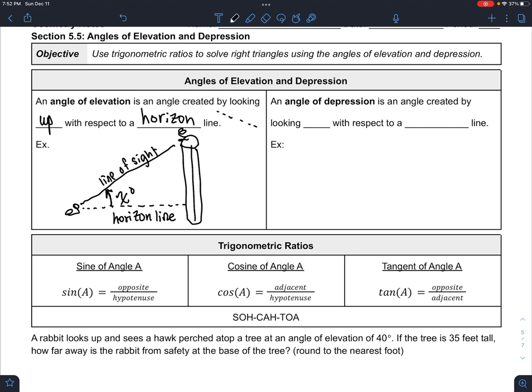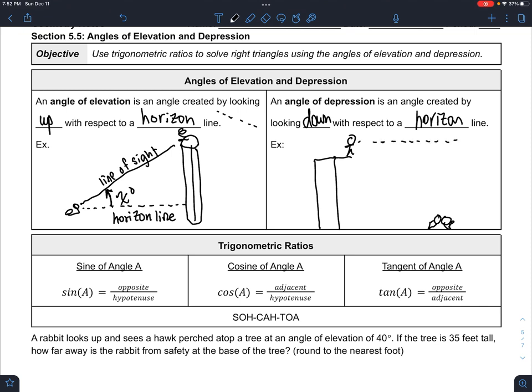An angle of depression is the opposite. You're looking down with respect to a horizon line. So let's imagine that you're on top of a diving board, and you're looking down at some ducks that are sitting in the water for some reason.